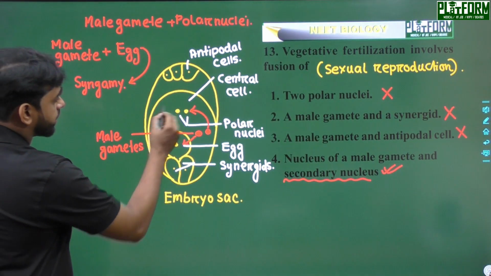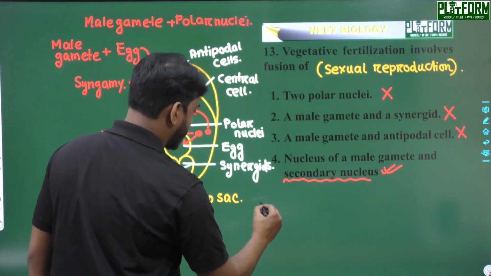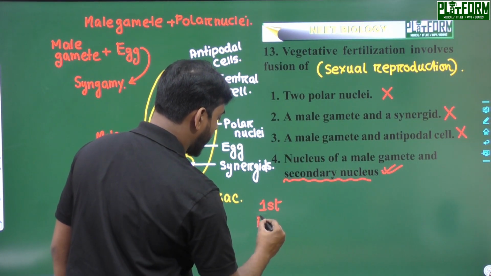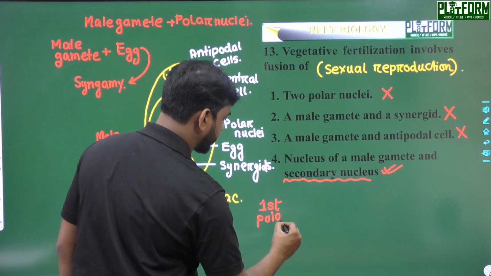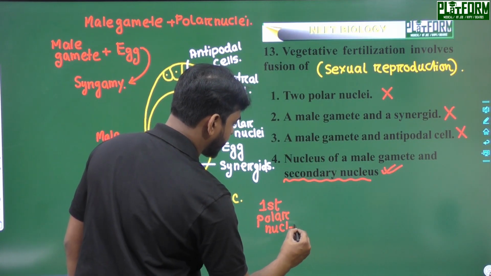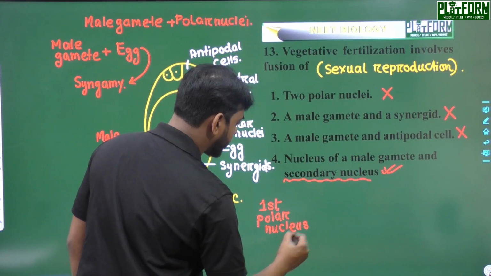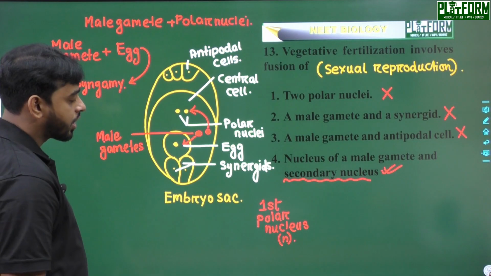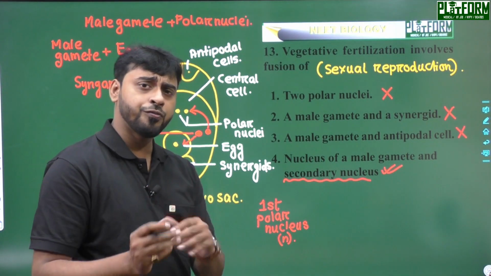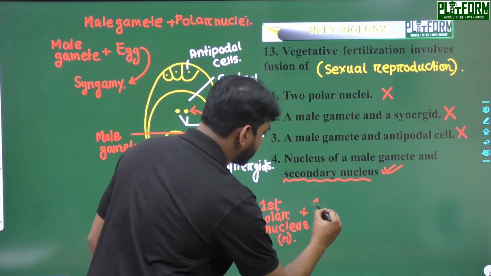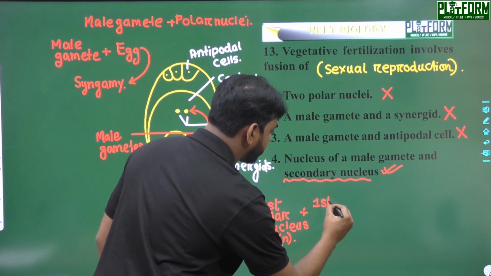What will happen? These two polar nuclei, suppose this one is the first polar nucleus. We know that the first polar nucleus is a haploid nucleus. Now, just before the fertilization, these two polar nuclei get fused.